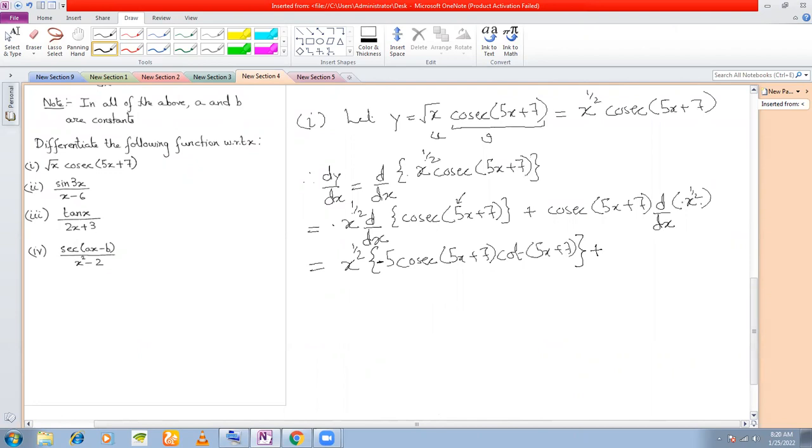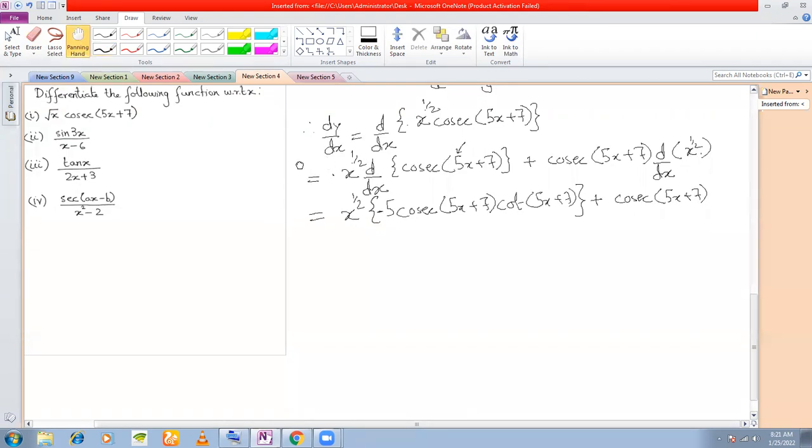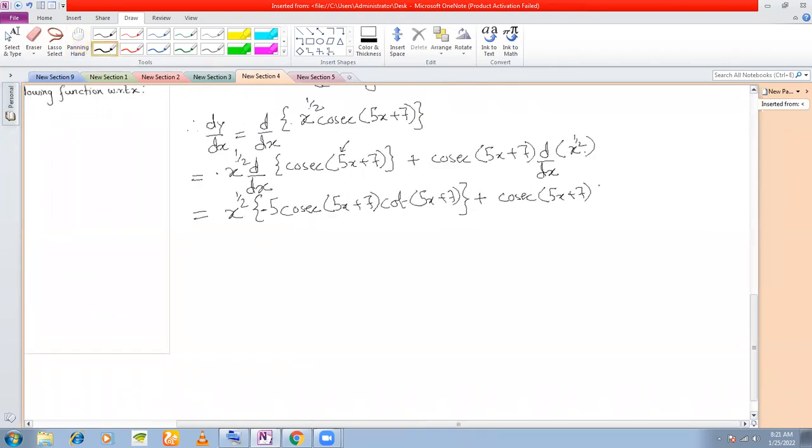Just one small note that I would like to make here is that whenever you are multiplying, let me do this and then I can show you. See, cosec 5x plus 7, and you are multiplying it by x to the power of differentiation of x to the power of half. See, if you write this here, okay, sometimes it is also confused as multiplying this by half x to the power of half minus 1, right?